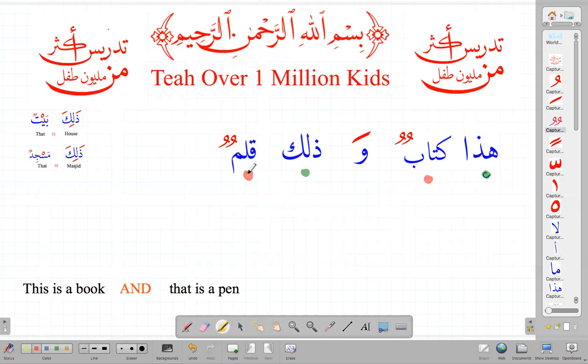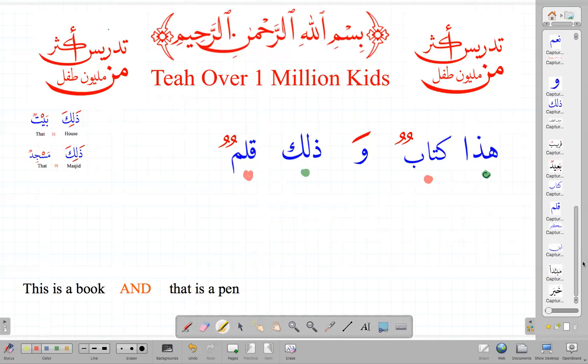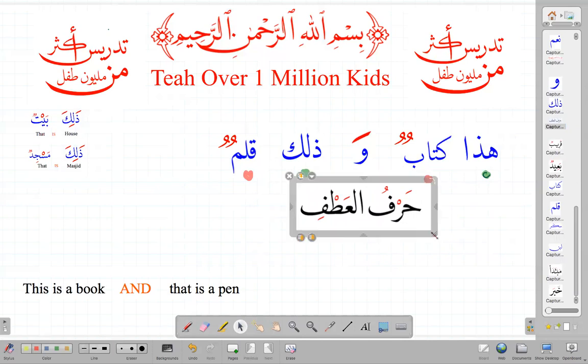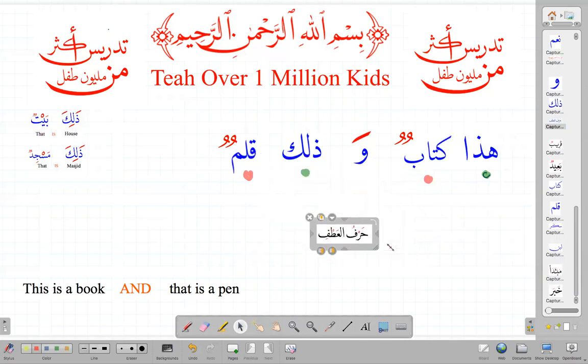Just remember this. Next lesson, we are going to focus on this grammar, inshallah, and we go for all the grammars we did so far. مبتدا, خبر, nakira. We are going to see a ma'rifah as well. And we have today the new word, which is called حرف العطف. Which is this one.